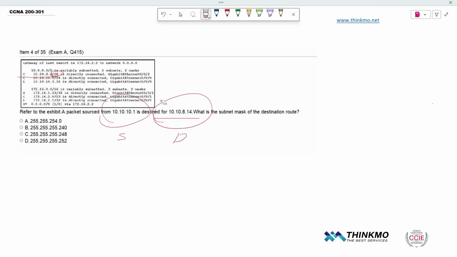For these directly connected routes, we use the longest prefix match. This subnet is 10.10.8, and there's only this one precise match, which is the 8.0 subnet. Its 28-bit mask, when we convert it to decimal, is 255.255.255.240, right? So the correct answer to this question is B.